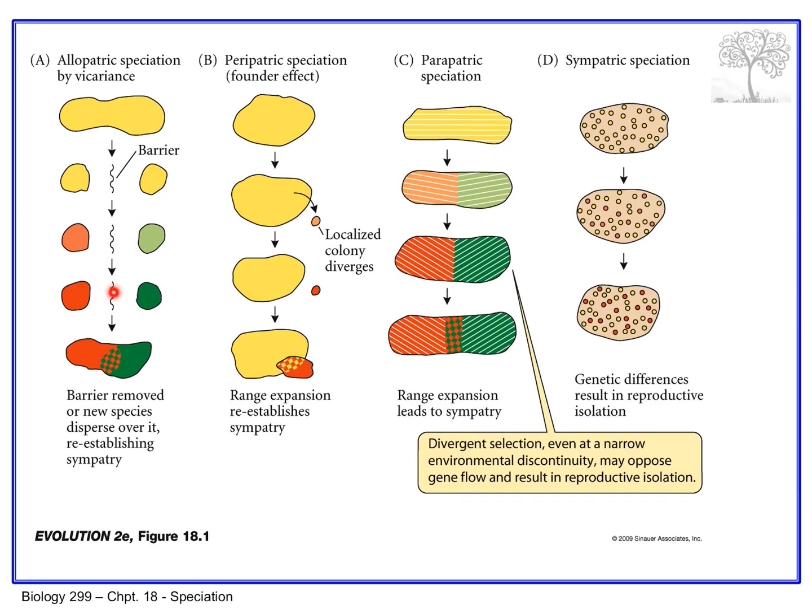And if enough time has gone by, they can eventually become reproductively isolated so that even if they do happen to come together at some point again in the future, the barrier goes away, now there are genetic barriers to gene flow, pre-zygotic, post-zygotic barriers like we talked about in the last chapter for example, and that would keep those two populations separate genetically. And if they're different gene pools which don't intermingle, then we know according to the biological species concept, they're defined as different species.